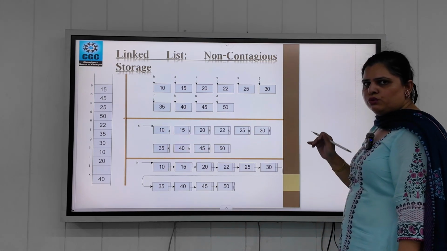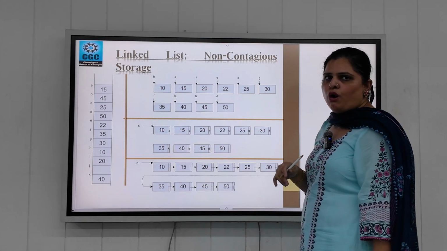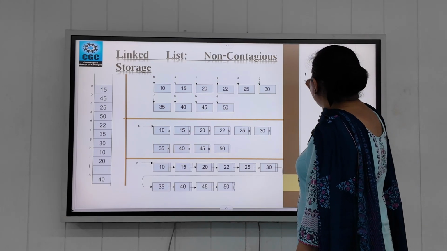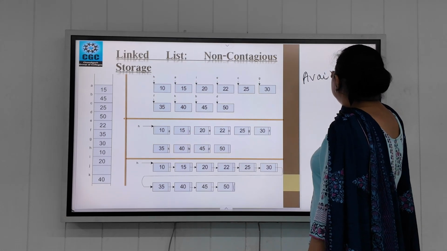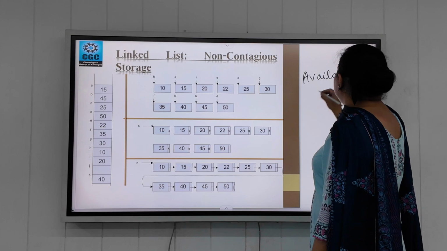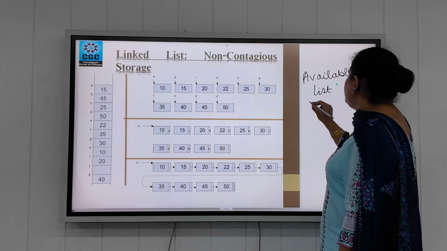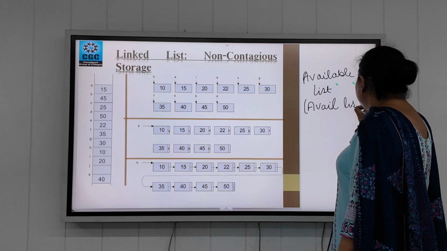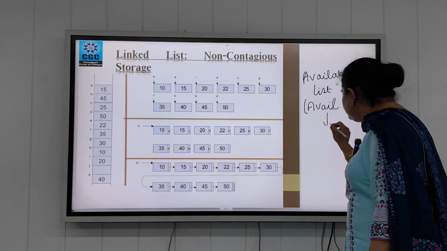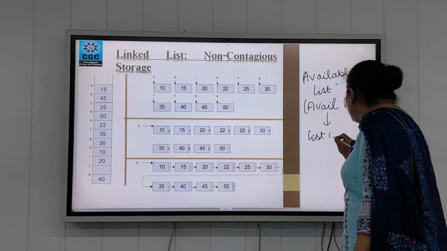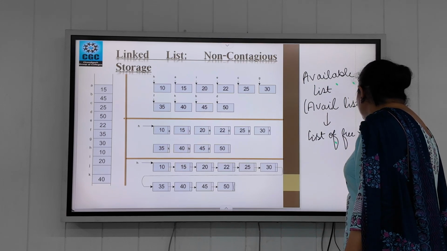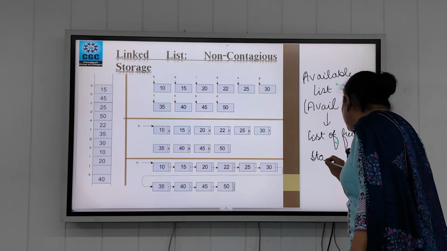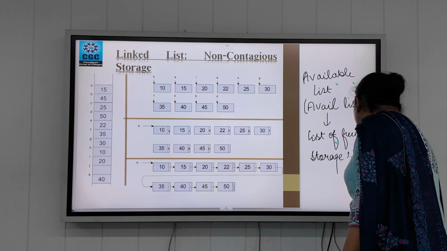First we are going to get an overview of the available list. In short form, we can say avail list. So what is the avail list? That is the list of free storage spaces.